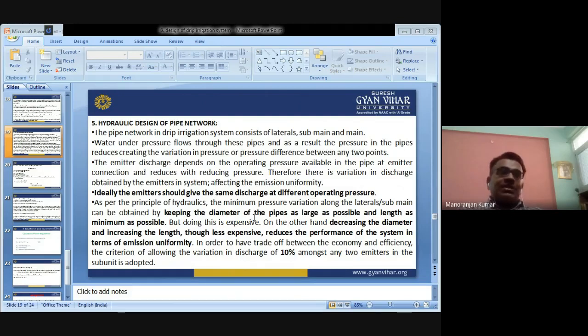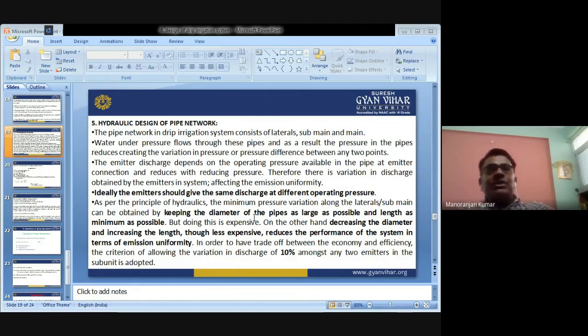But doing this is expensive. On the other hand, decreasing the diameter and increasing the length, though less expensive, reduces the performance of the system in terms of emission uniformity. So in order to have a trade-off between economy and efficiency, the criterion of allowing a variation in discharge of 10% amongst any two emitters in the subunit is adopted.